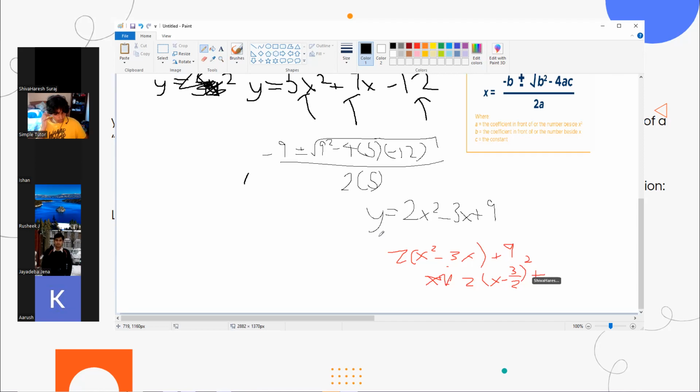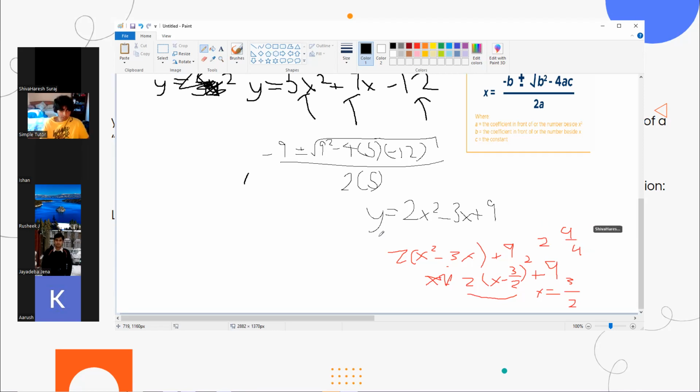And as for the y value, x is equal to 3/2, so I substituted, and I cross multiplied, so I did 9/2 plus 9, I think. I think that's how it works. Do you have anything else? No, that's how I solved it.